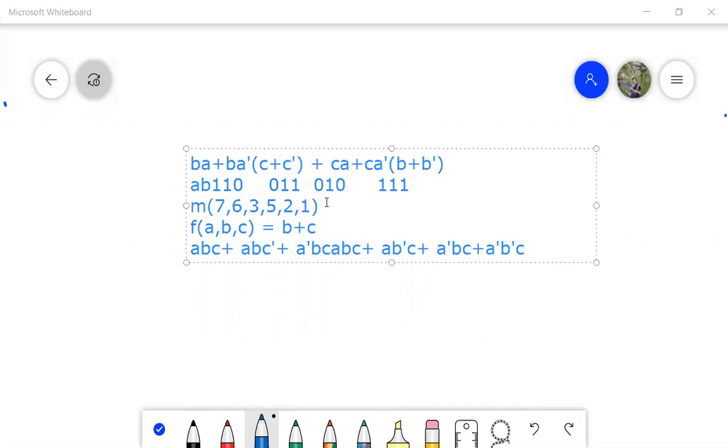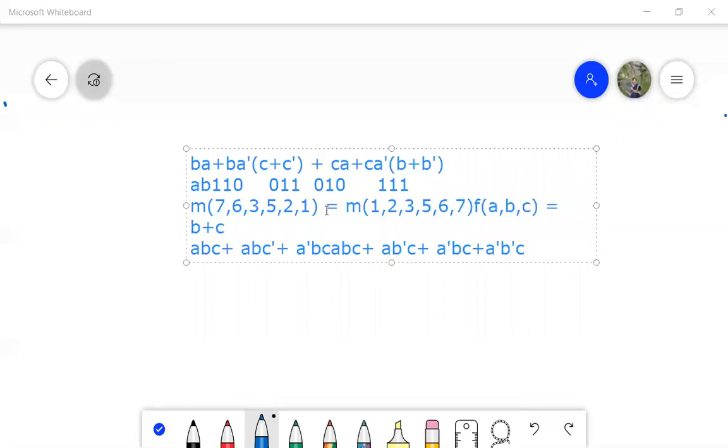The min term notation is 7, 6, 3, 5, 2 and 1. Or if I order it, this will be the summation m of 1, 2, 3, 5, 6 and 7.